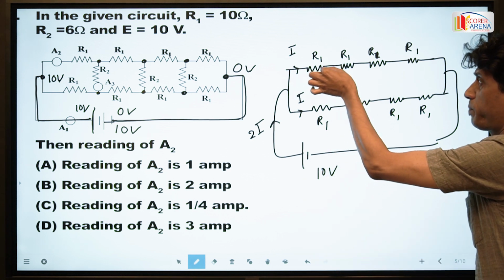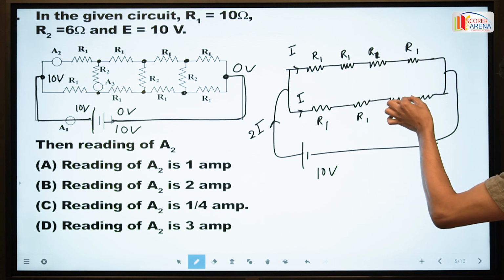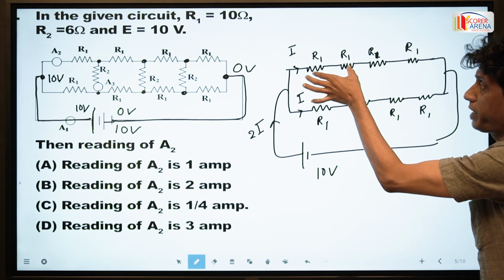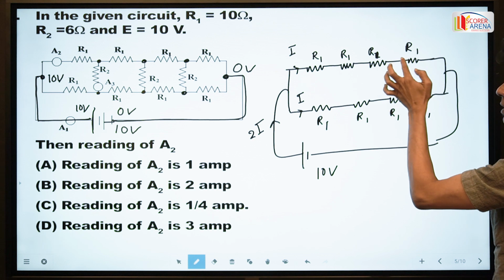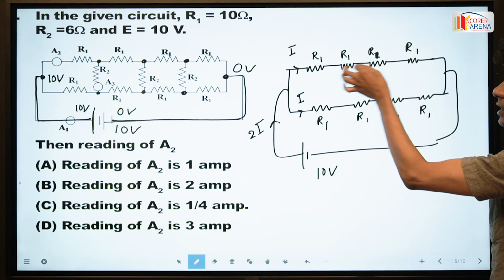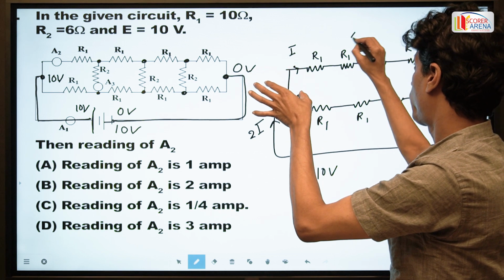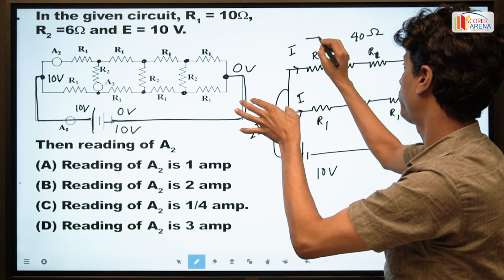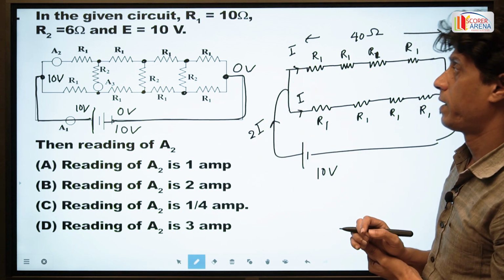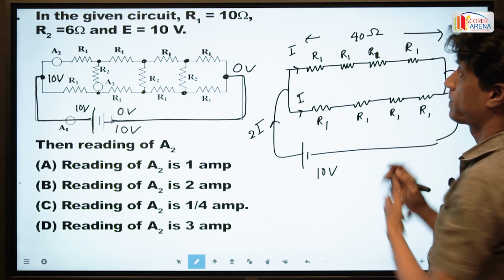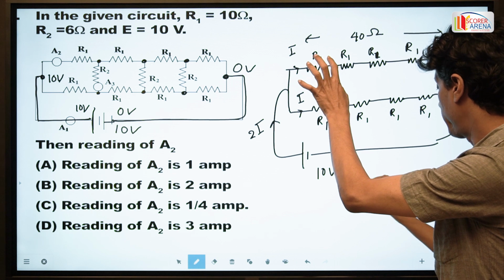The same current passes through all the resistances, so these four resistances, R1 plus R1 plus R1 plus R1, are in series. The total resistance in this branch is 40 ohm, and the potential difference across it is 10 volt.